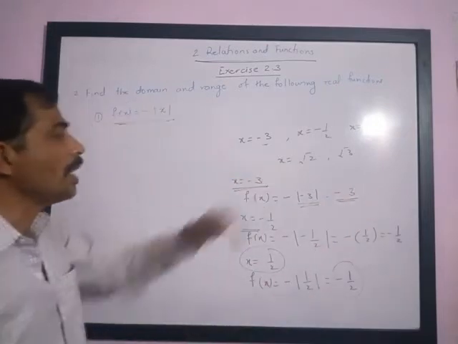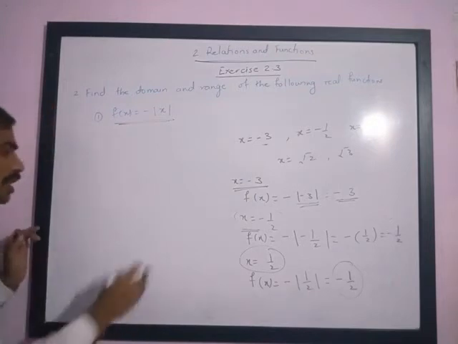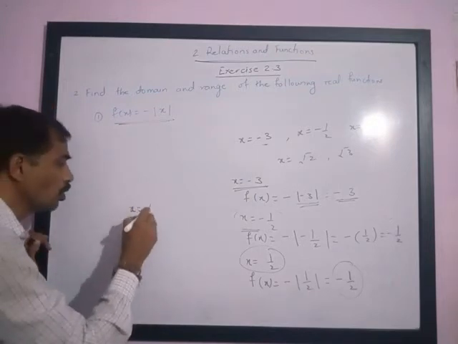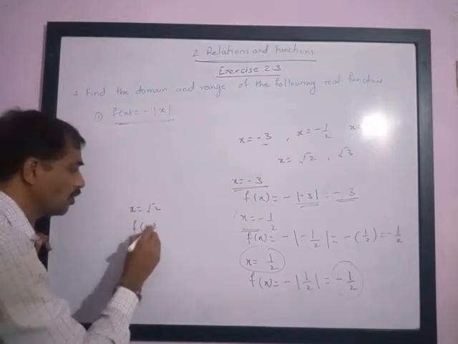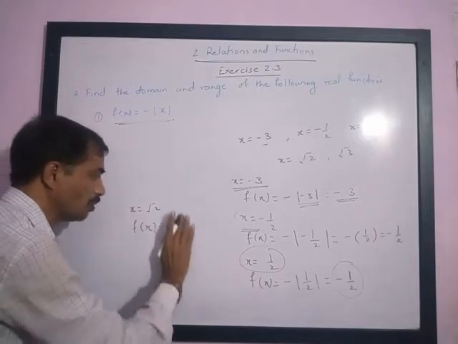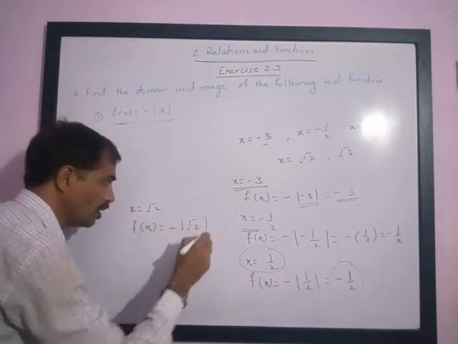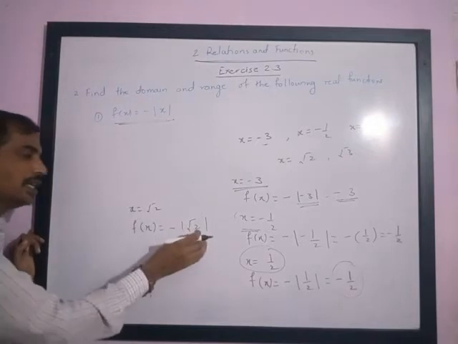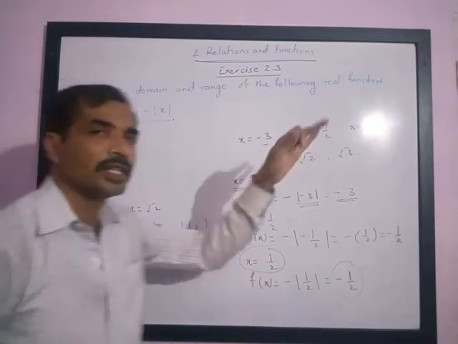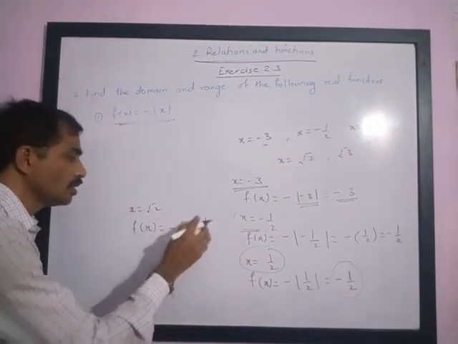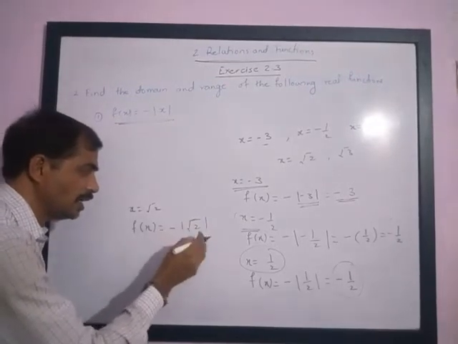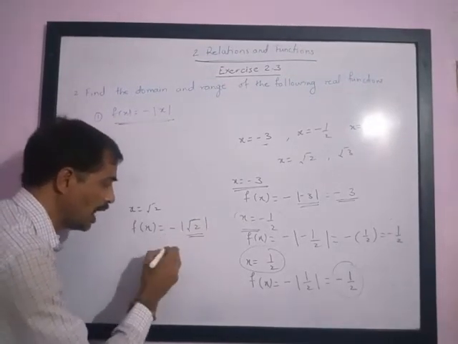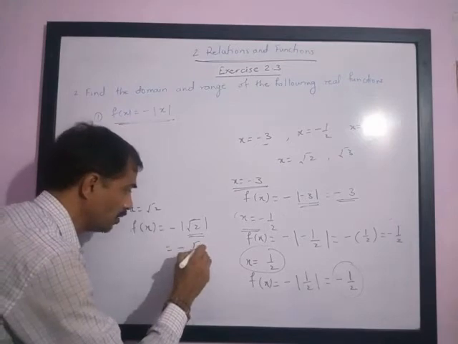Let us check what happens if it has an irrational value. X is equal to root 2. Then f of x is equal to minus of modulus of root 2. We know that root 2's value is irrational, that is 1.4142 and so on. It will not end. This will again have a positive value and f of x is equal to negative root 2.